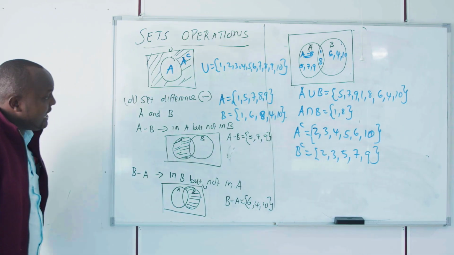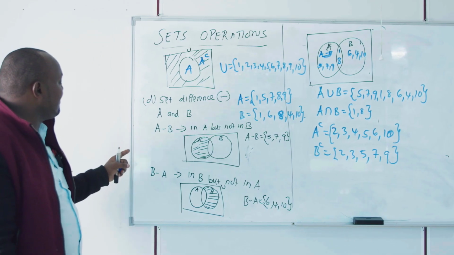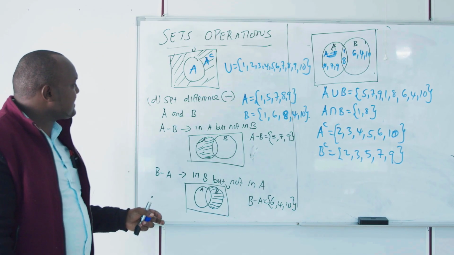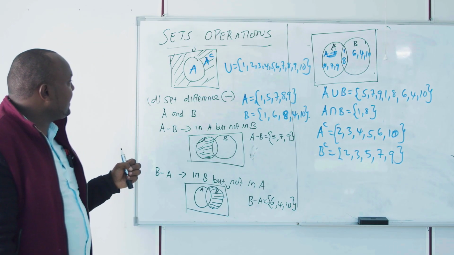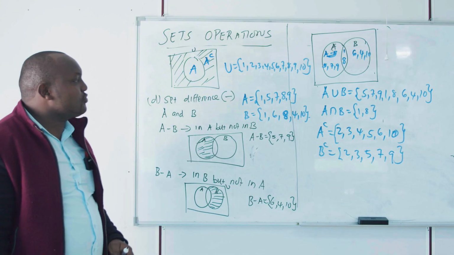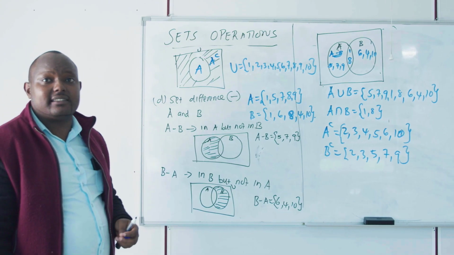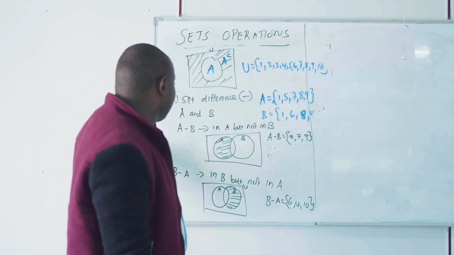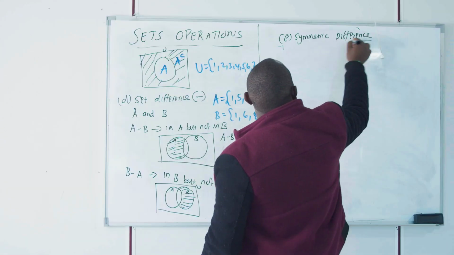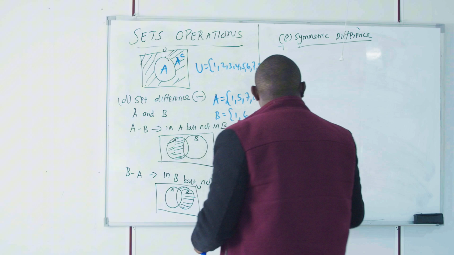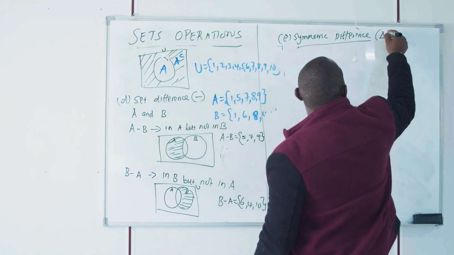So the last part of what we have looked at: complement, set difference, intersection. Now we are going to look at what we call the symmetric difference of sets. Symmetric difference, we use this symbol.